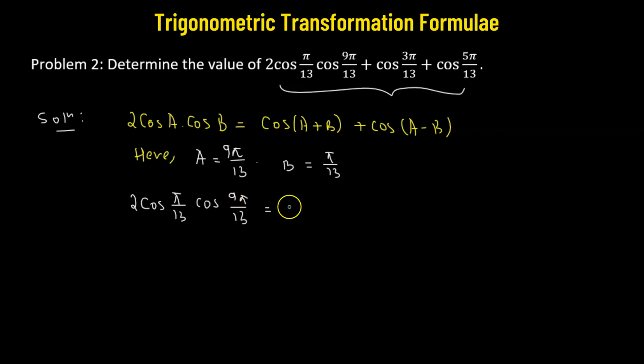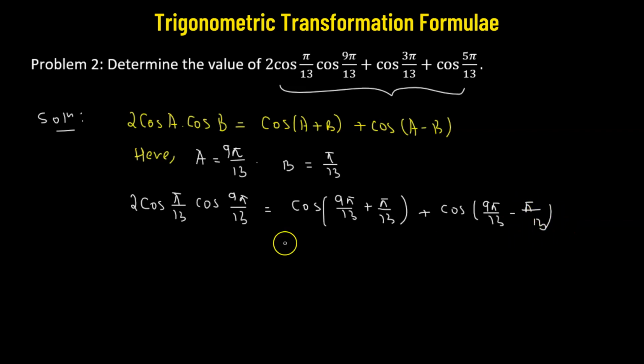So this will become equal to cosine of A plus B, that means 9 pi over 13 plus pi over 13, added to cosine of 9 pi over 13 minus B, so B is pi over 13, which equals cosine of 10 pi over 13 plus cosine of 8 pi over 13.